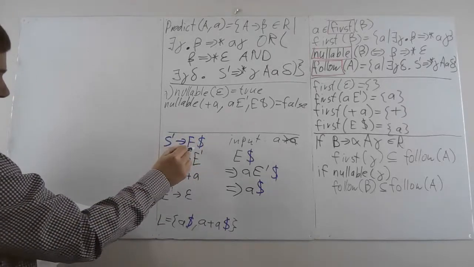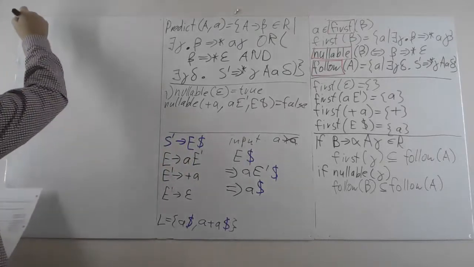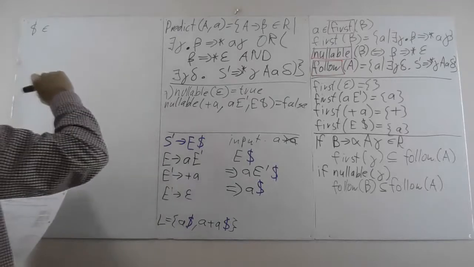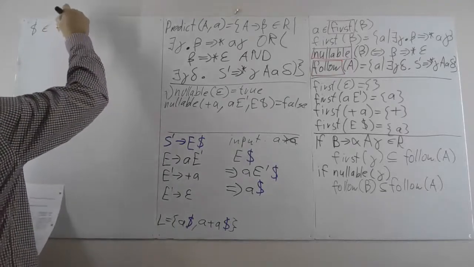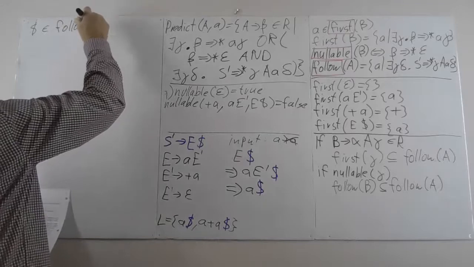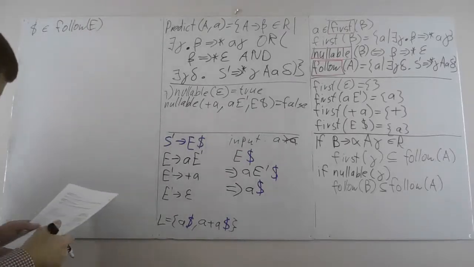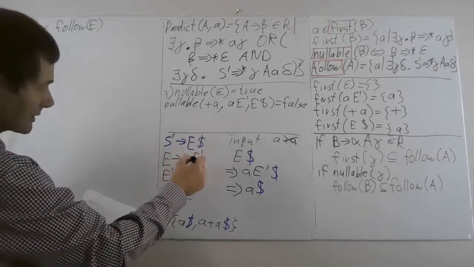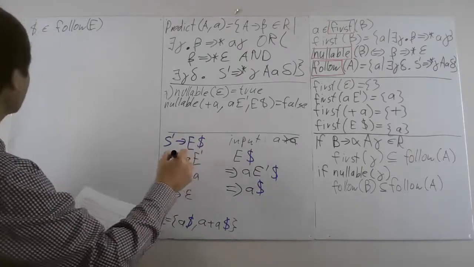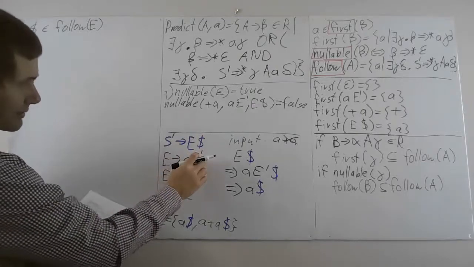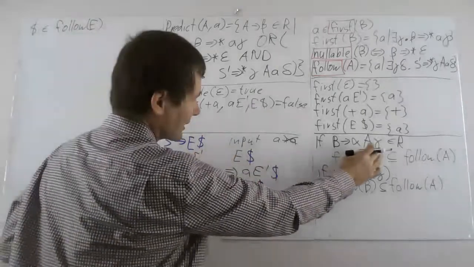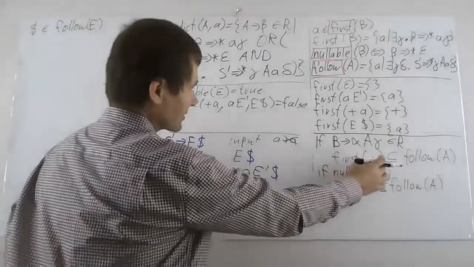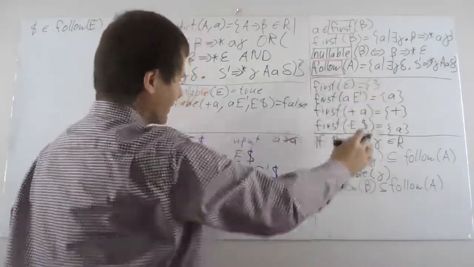I have this right-hand side E $, and so that is going to give me the constraint that $ has to be in the follow set of E. And then similarly, I have E prime here, but for E prime here, gamma is empty, and the first of the empty string is the empty set.